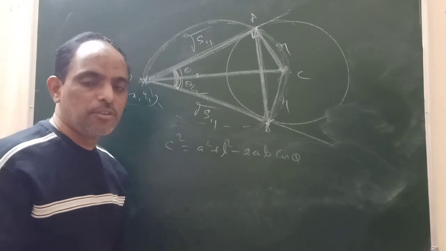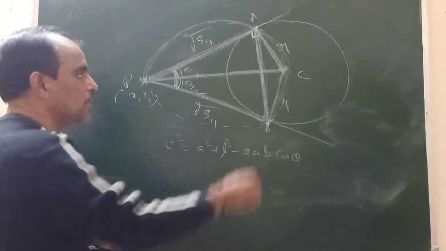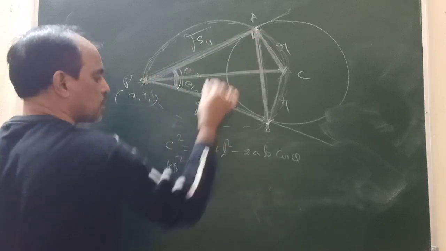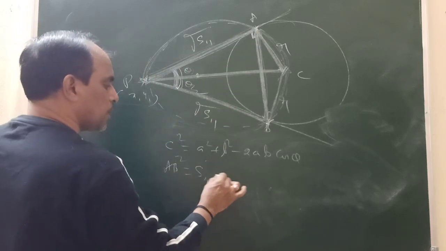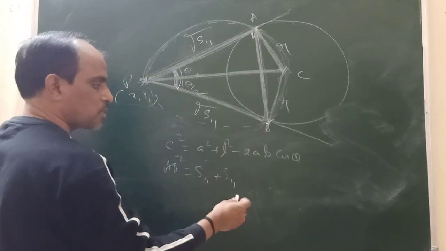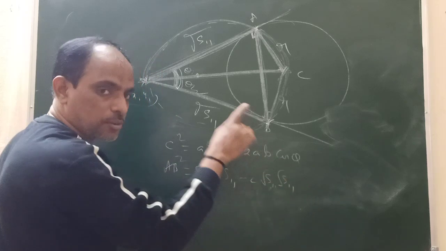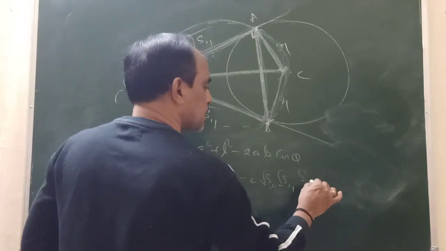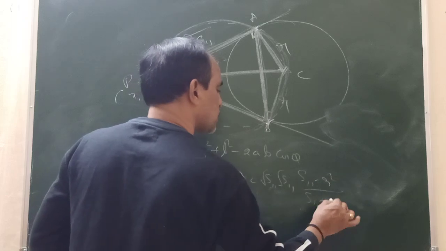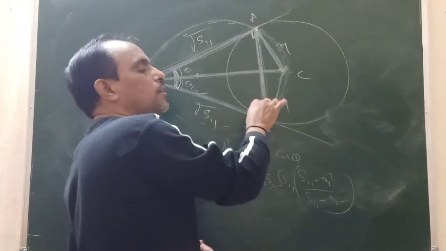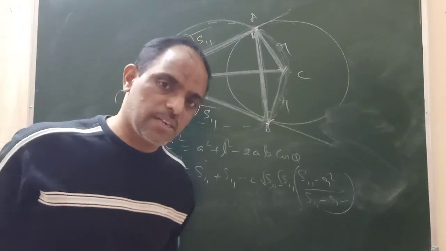The cosine rule is there in the properties of triangles. So the chord of contact square is equal to one side square, S11, plus another side square, S11, minus 2 into root S11 into root S11 into cos theta. I already wrote that formula: cos theta is S11 minus r square by S11 plus r square. If you simplify this one, you will get the length of the chord of contact also.